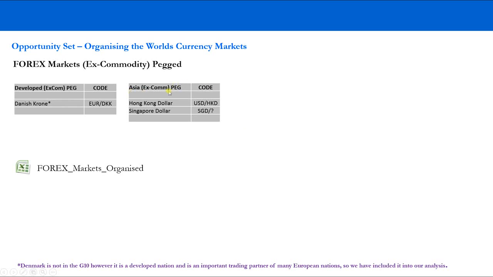We also have Asia ex-commodity pegged, and we have in Asia the Hong Kong dollar, which is pegged to the US dollar, and the Sing dollar, which is pegged to a basket of currencies that are not made public in terms of the weightings and the exact sizes of those weightings relative to their trading partners.